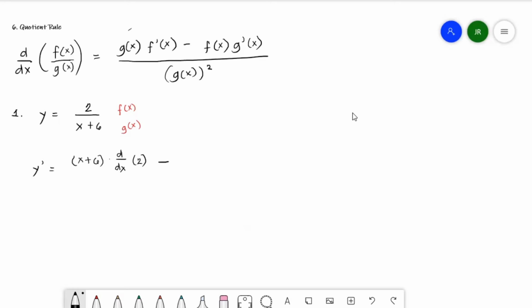Then minus yung numerator naman natin, which is 2, multiply by the derivative of your denominator, which is x plus 6. Okay? So, kumbaga, sinasubstitute ko lang siya dito sa ating pinaka-formula. And then over, raised to 2 lang yung ating denominator. So, x plus 6 raised to 2.